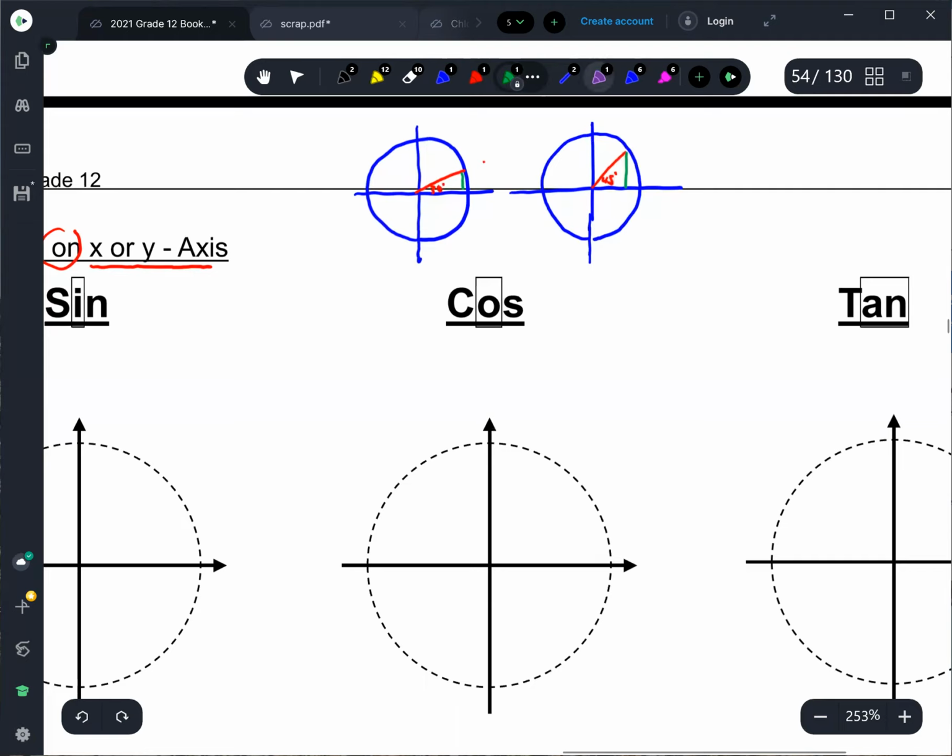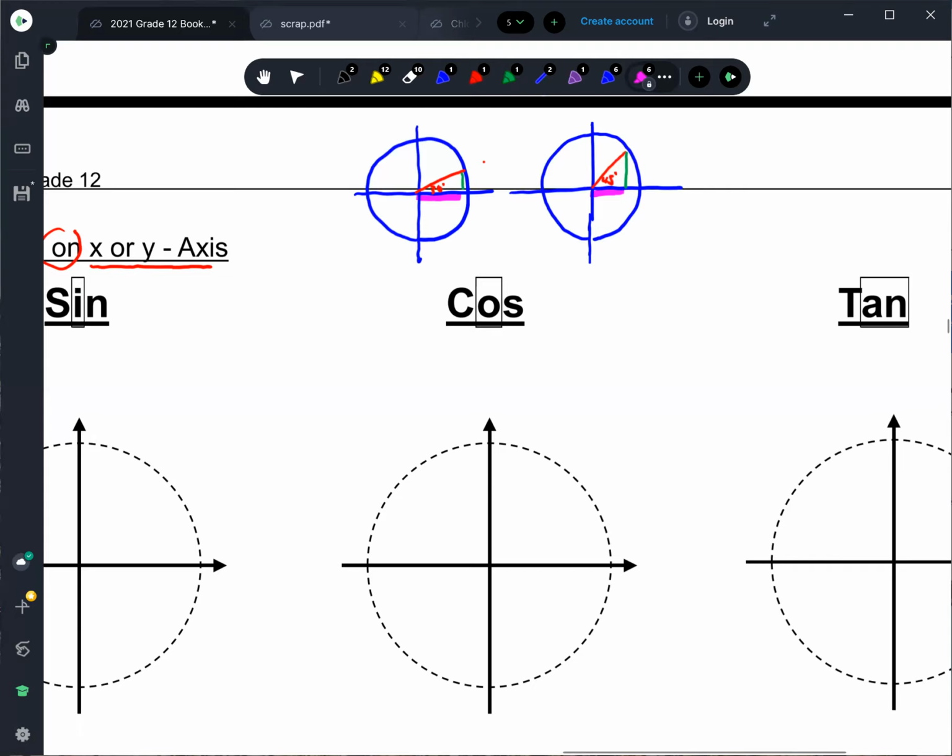And then the red line is the hypotenuse, which never changes. Let's add another color. This one is the pink, peach color. So now you can see the adjacent side is getting shorter. Oh, sorry, getting longer, as the angle gets smaller.